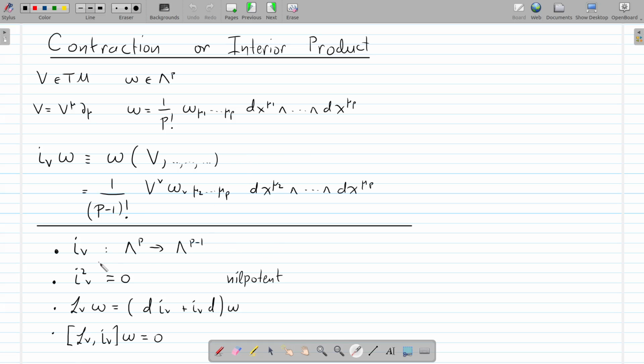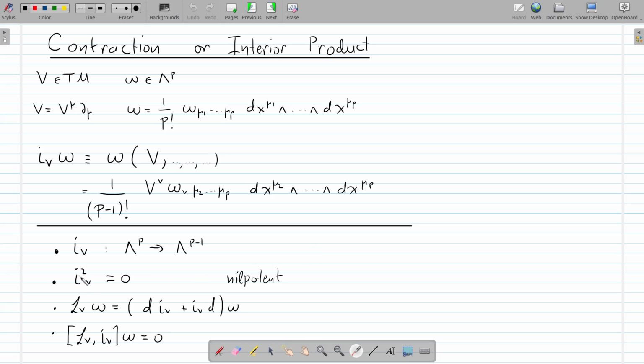And some properties of this interior product is that it takes us from Λ^p to Λ^(p-1), and we can go on to smaller p's if we want.